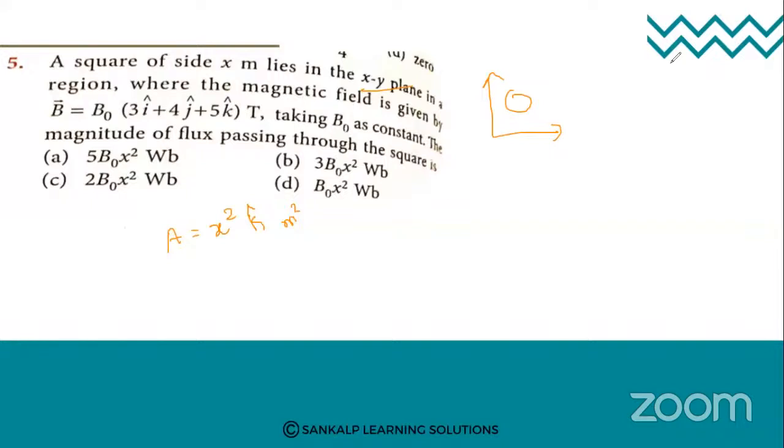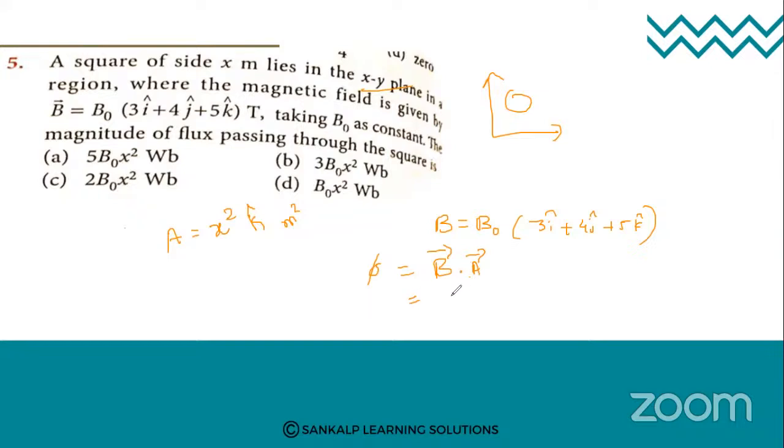Next they have given B is equal to, so B is equal to what it is given? B is equal to B naught 3 I cap plus 4 J cap plus 5 K cap. Okay, so we know that the magnetic flux is equal to B dot A, correct?